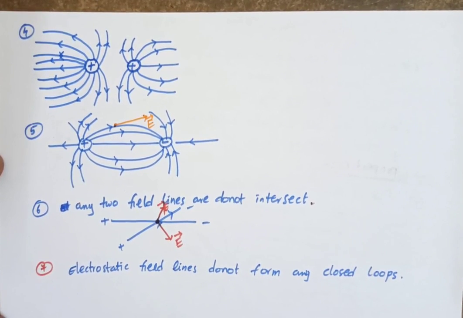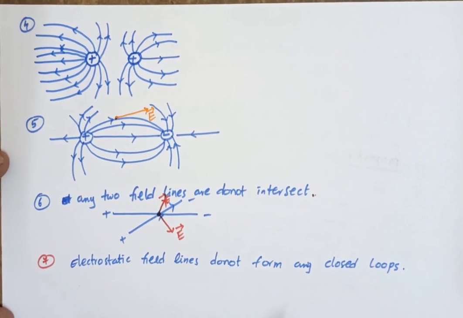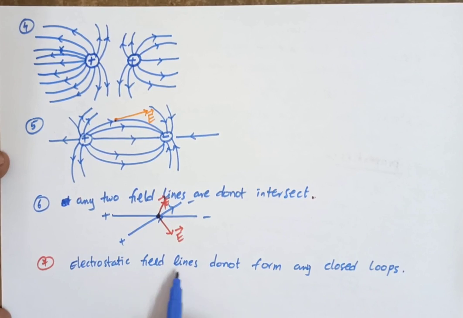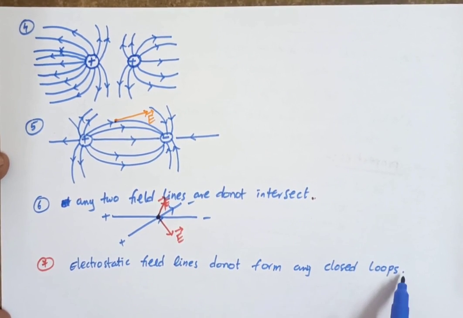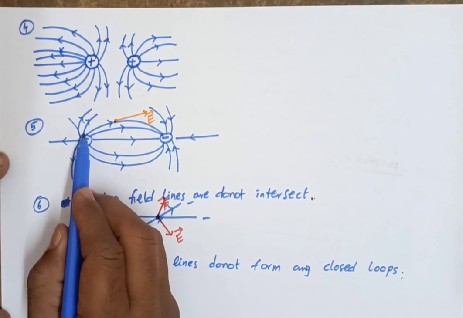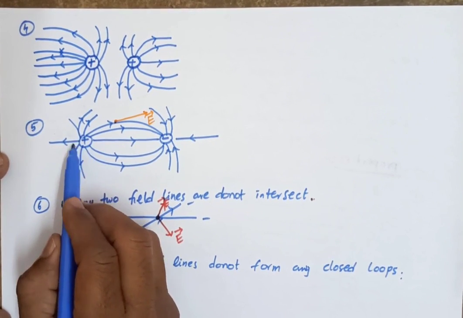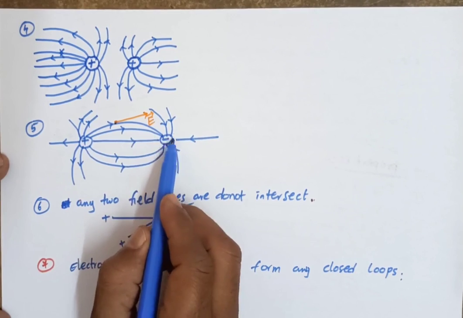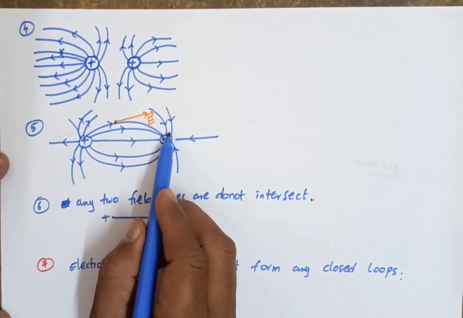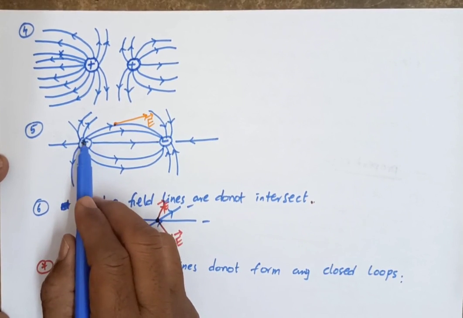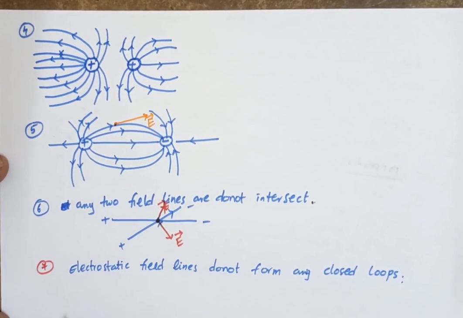The electric field lines start at a positive charge and end at a negative charge.